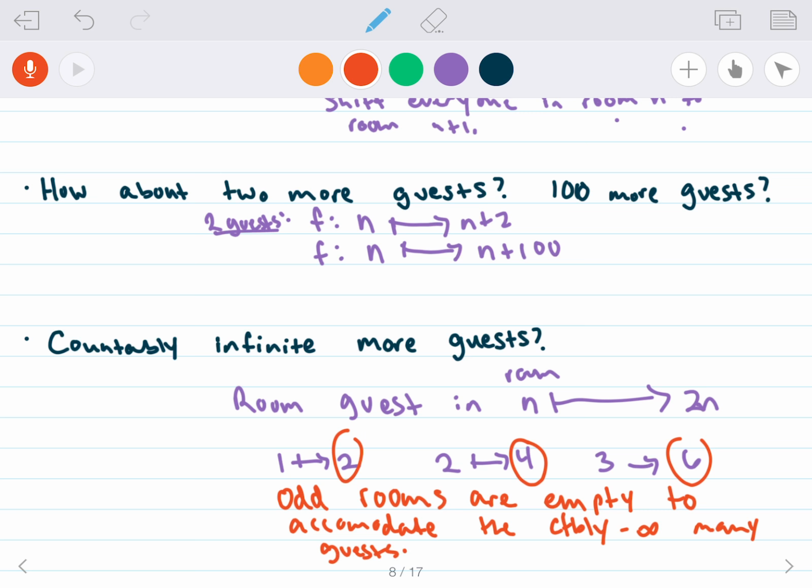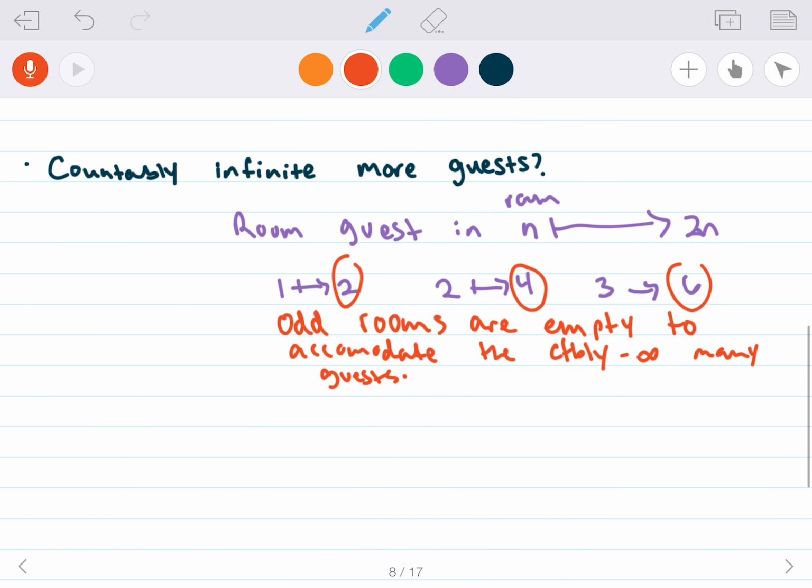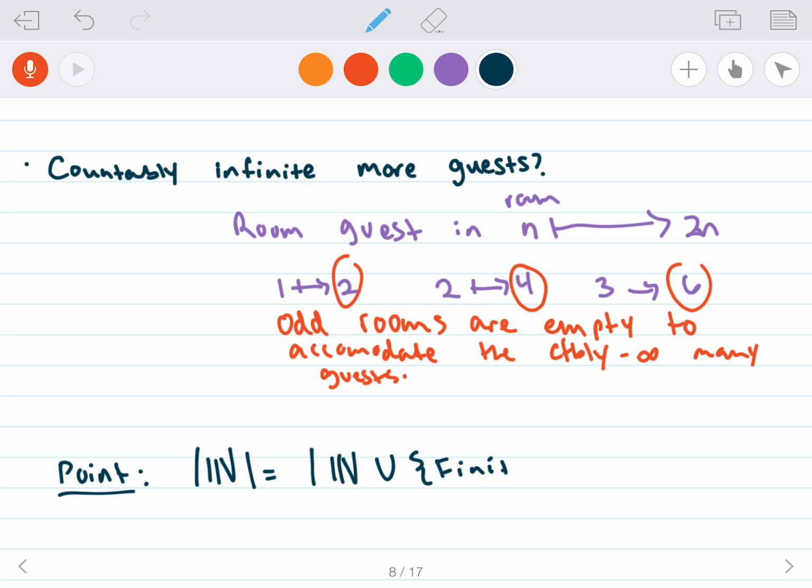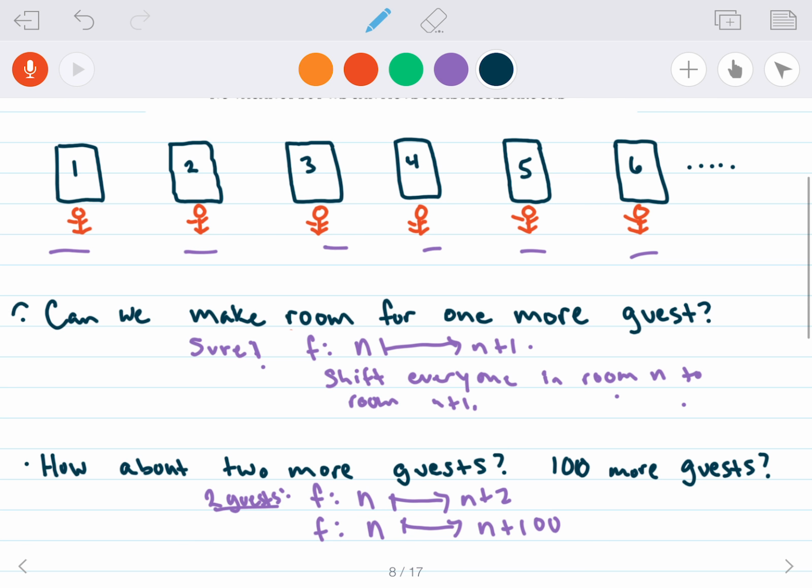So what's the point here? The point is that N is the same size as N union a finite set. That's from the first two examples.